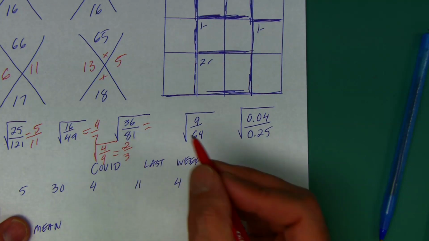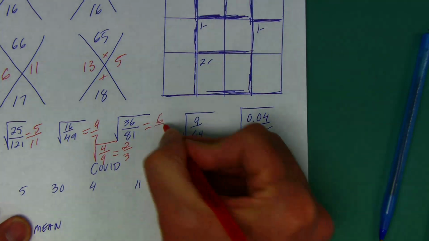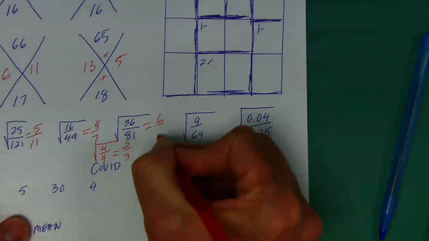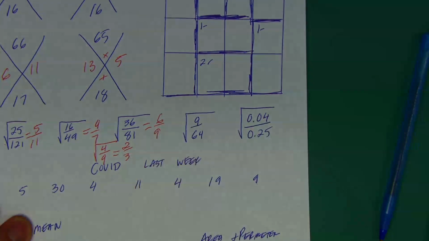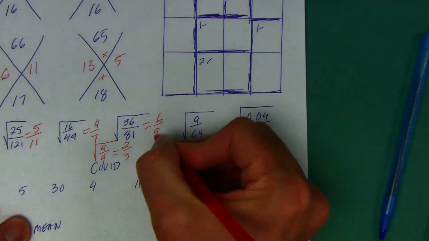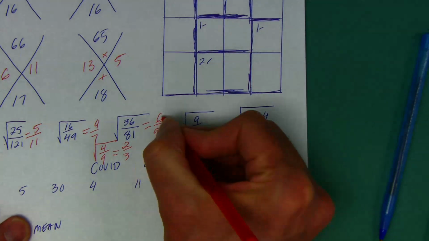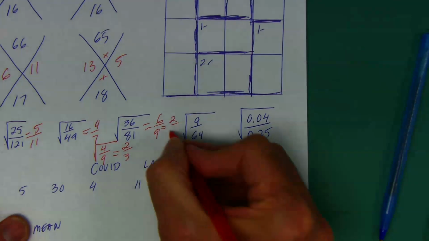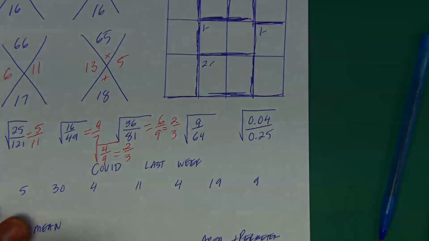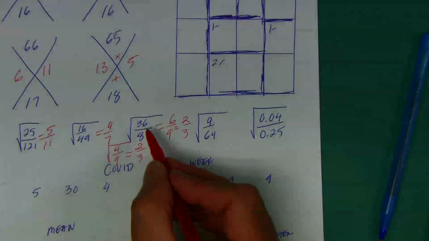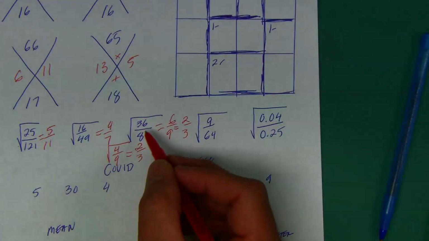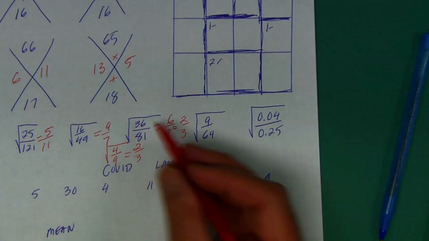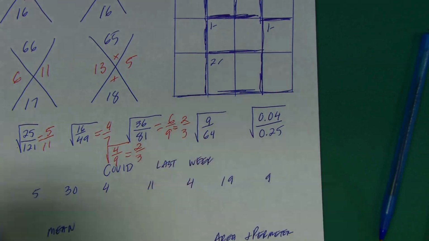Well, what times itself equals 36? 6. What times itself equals 81? 9. Can I simplify that fraction? I can, huh? What goes into the top and bottom? 3. How many times does 3 fit into 6? 2 times. How many times does 3 fit into 9? Same answer. It's kind of cool when you get these square roots and fractions. You can simplify before you start, or when you get done, you're going to get the same answer.